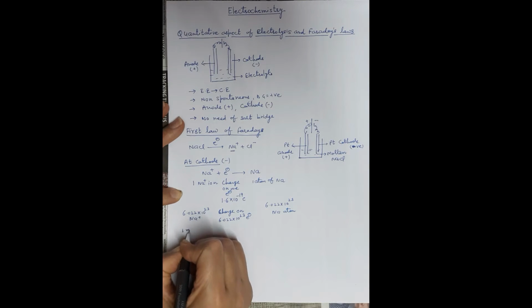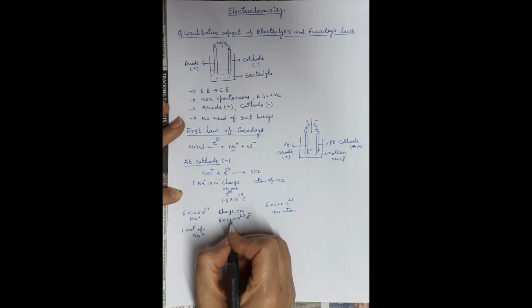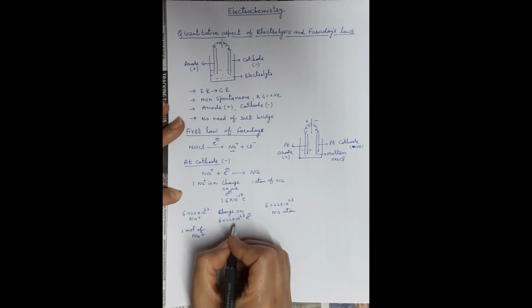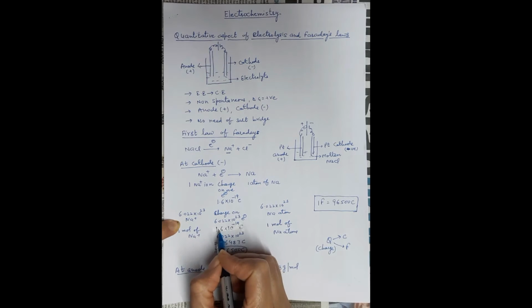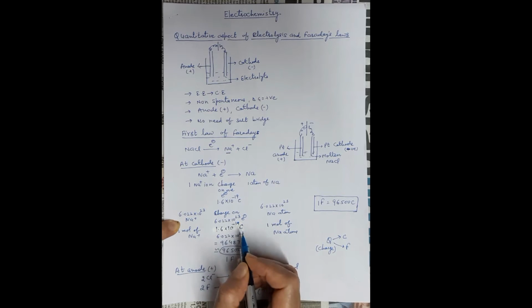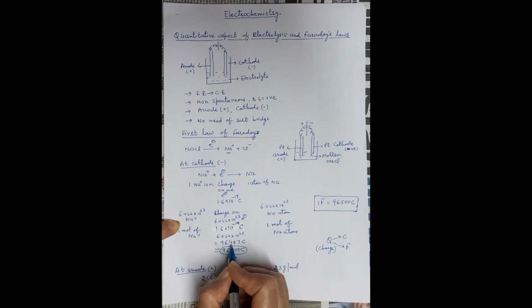Shall I say, if you take 1 mole of sodium ions, then what charge do you need? In order to convert sodium ions into sodium metal, you need 1 mole of electronic charge. The charge present on 1 electron is 1.6 into 10 raised to power minus 19 coulombs, and the charge on 6.022 into 10 raised to power 23 electrons, when you multiply the two, comes out to be 96487 coulomb, which is roughly taken as 96500 coulomb, and it is equal to 1 Faraday.